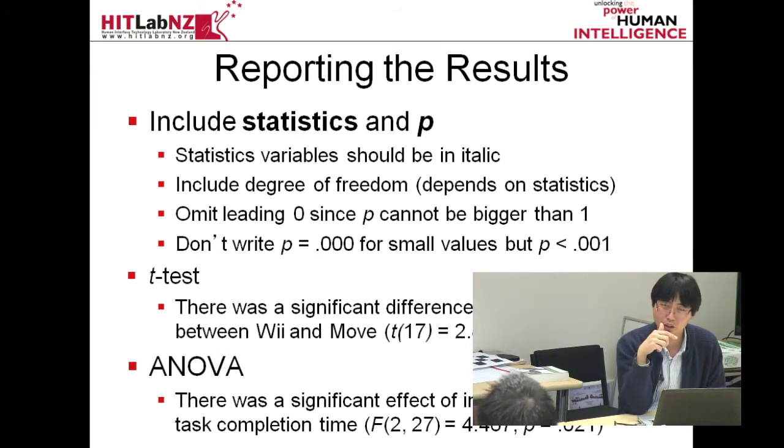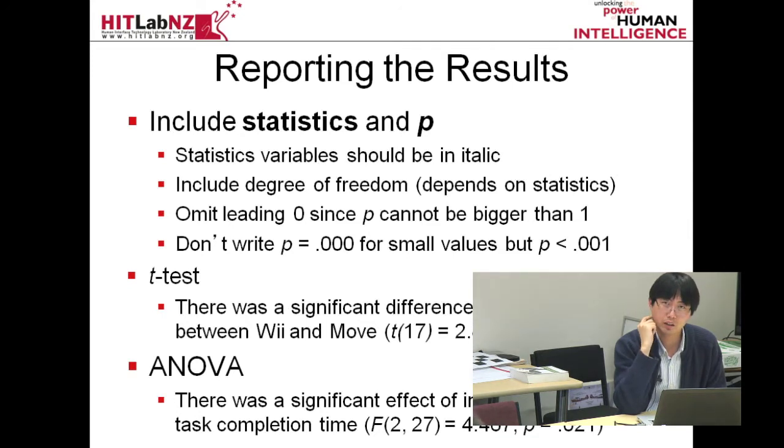If it were within subject design, it should be n minus 1 times k minus 1, where n represents the number of people, participants, and k represents the number of conditions or number of levels in that independent variable.